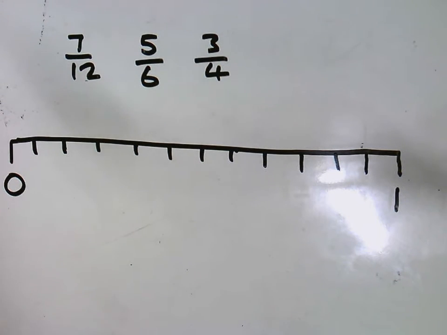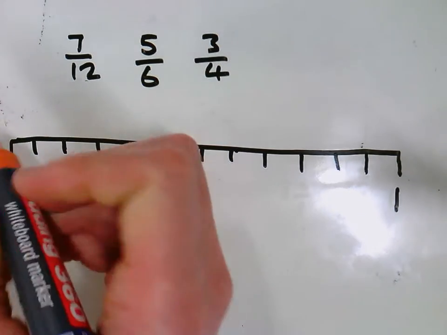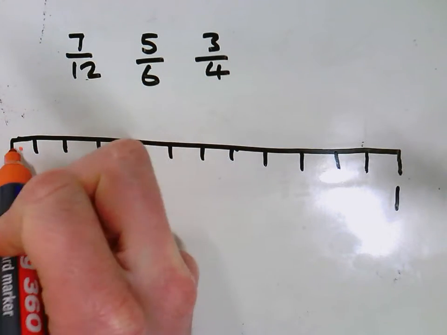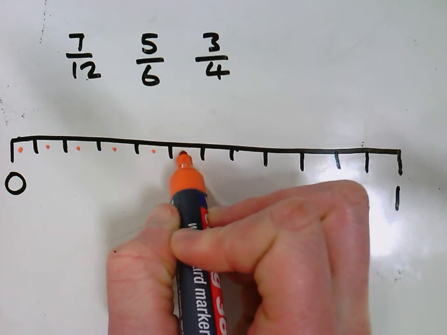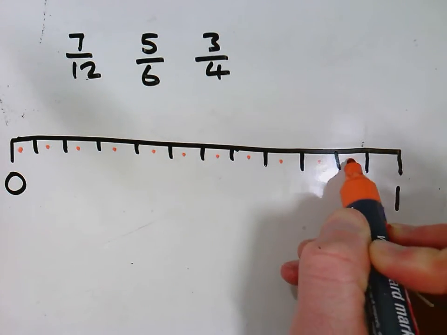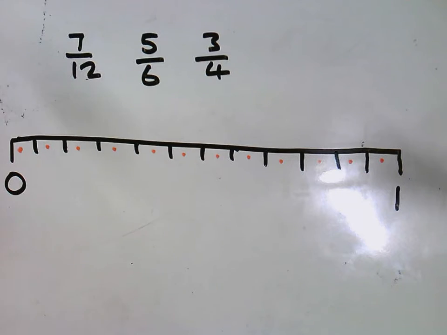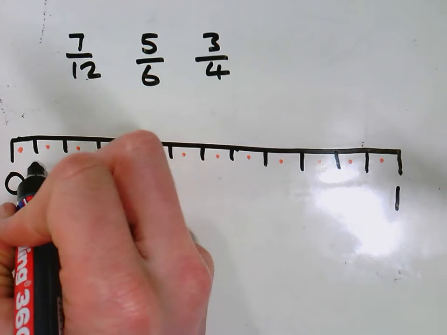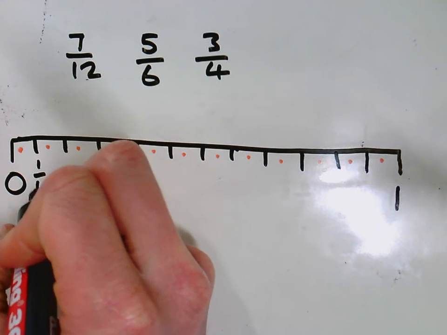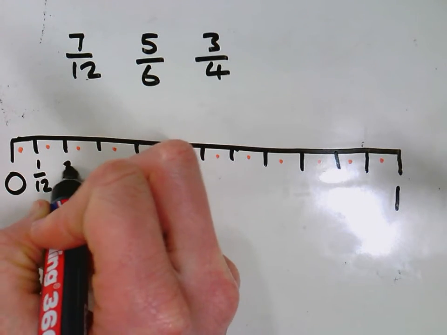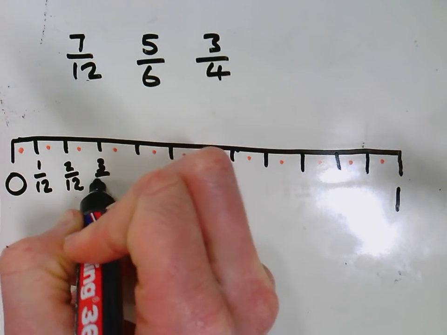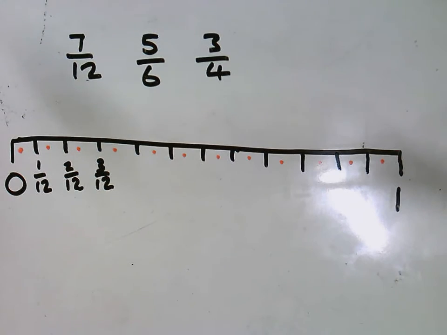Now, what we need to do here is first of all work out what each dash stands for, what fraction. So we're going to count up the gaps: 1, 2, 3, 4, 5, 6, 7, 8, 9, 10, 11, 12. So I know that each dash stands for a twelfth. 1 twelfth, 2 twelfths, 3 twelfths, etc. I could mark on all the twelfths.